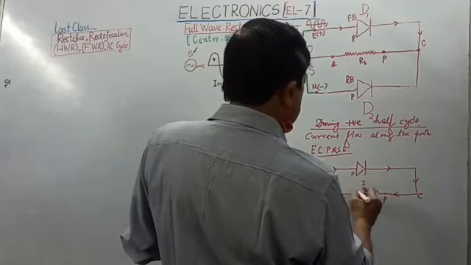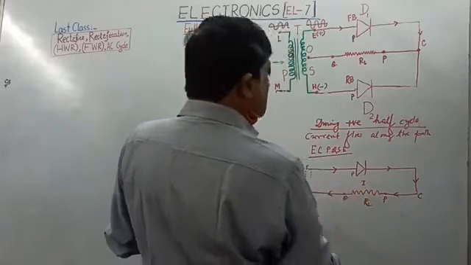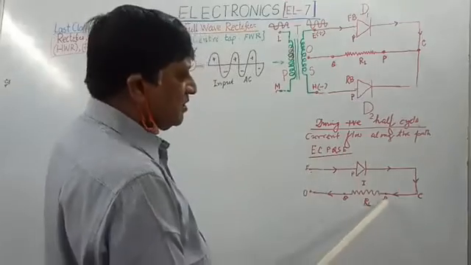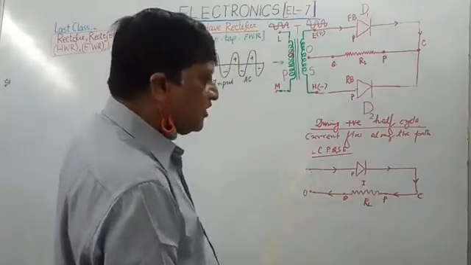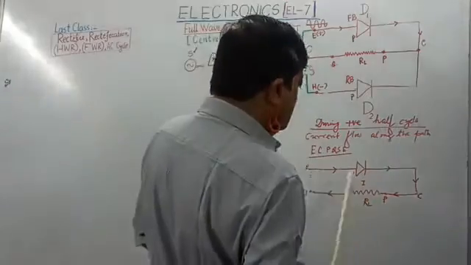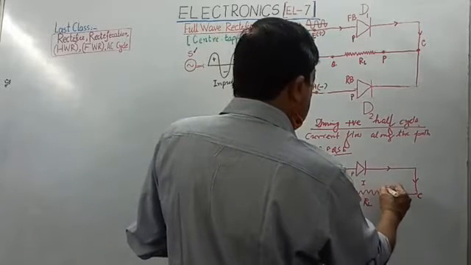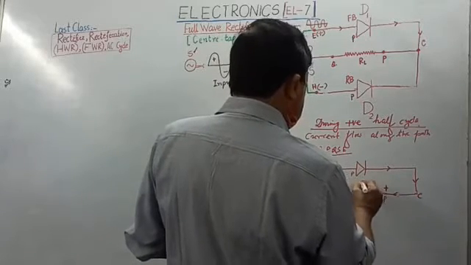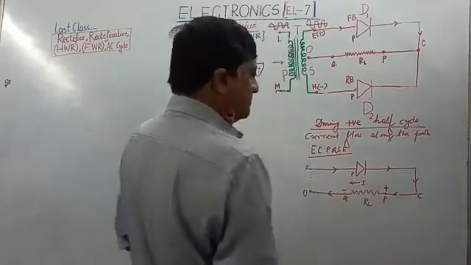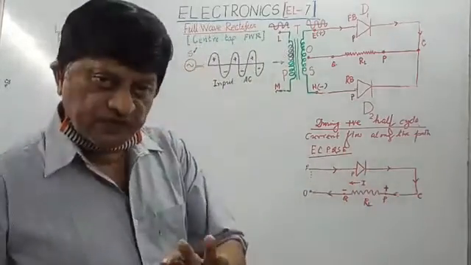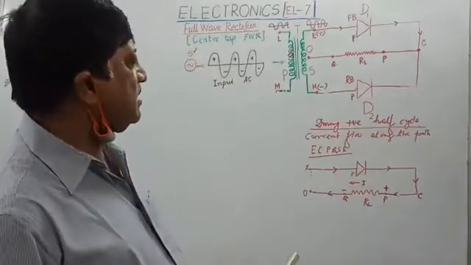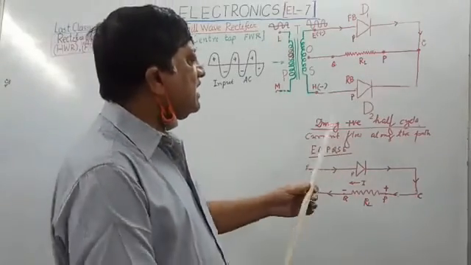Is your P. The current always flows from a higher voltage to a lower voltage, higher potential point to a lower potential point. So obviously, this will be positive potential with negative potential, and current will flow like this. I think you are satisfied. Now we'll see what happens during negative half cycle.